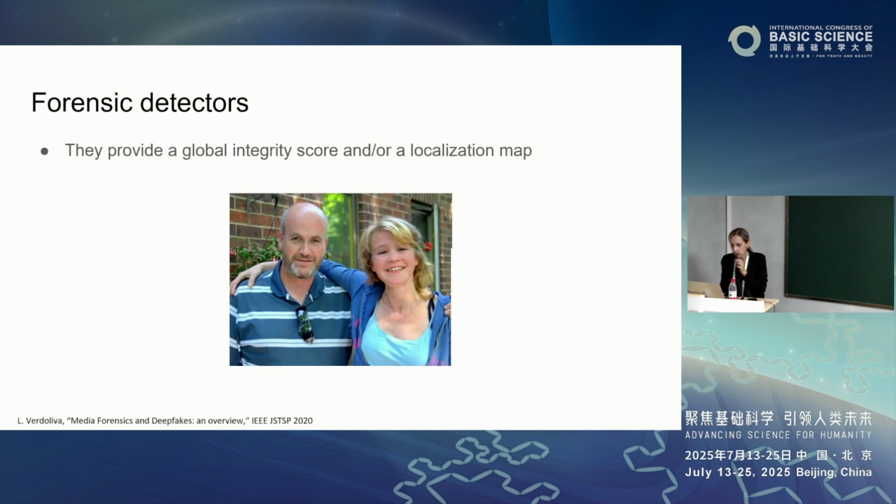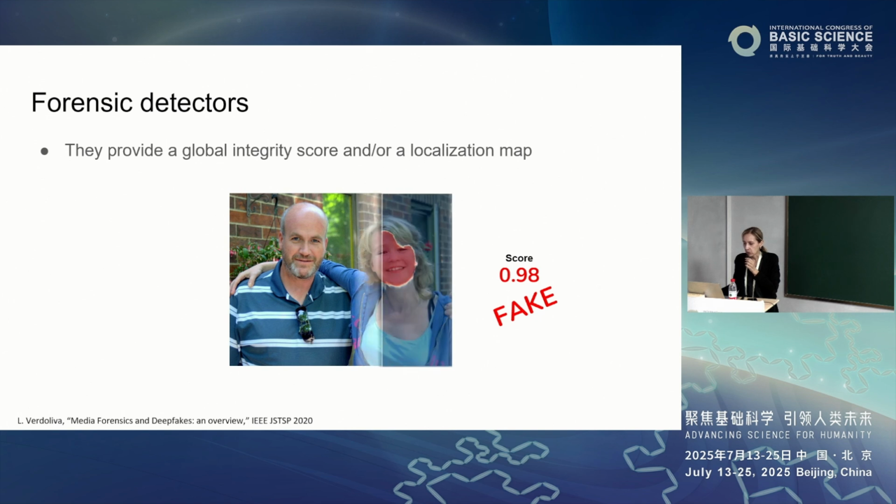First of all, forensic detectors in general typically provide a global integrity score, a number that gives you the probability that the image is real or fake, and eventually even a localization map.